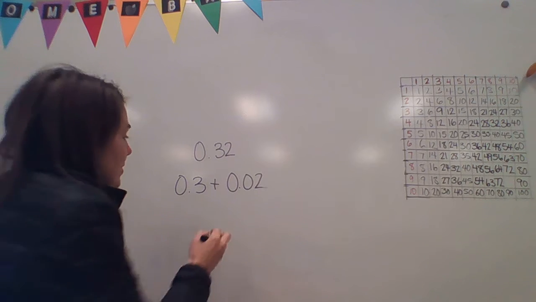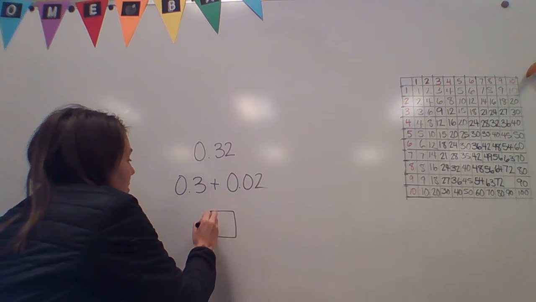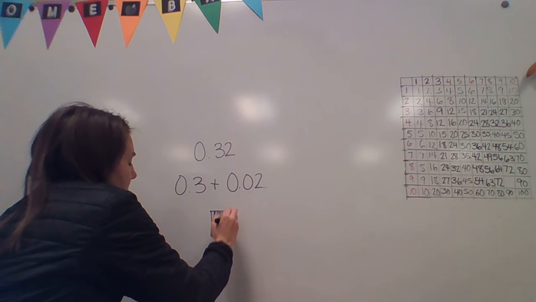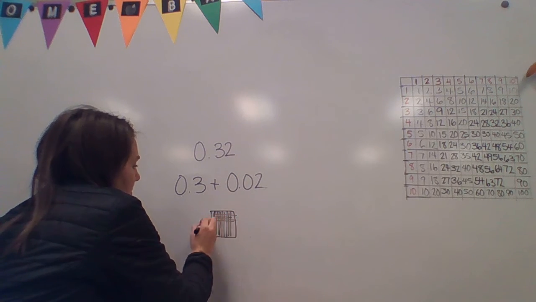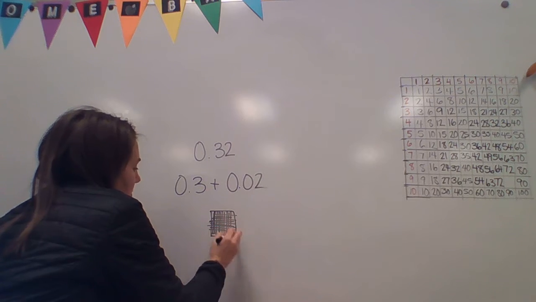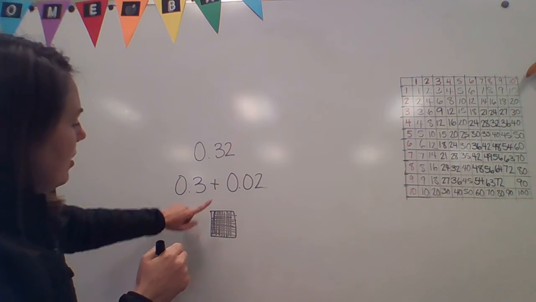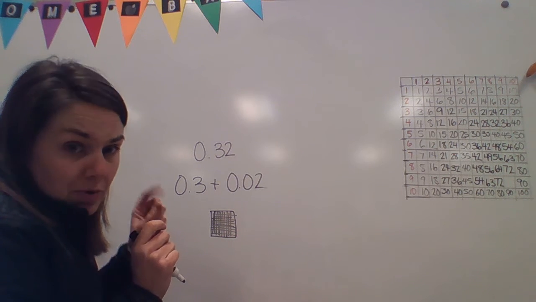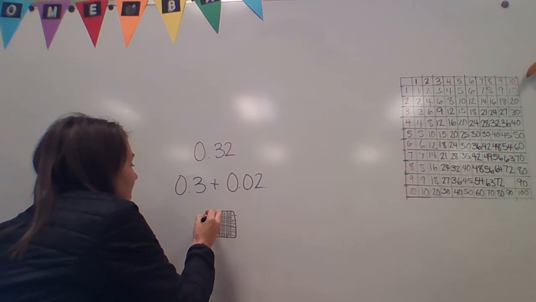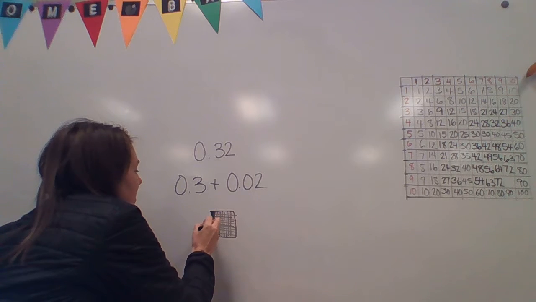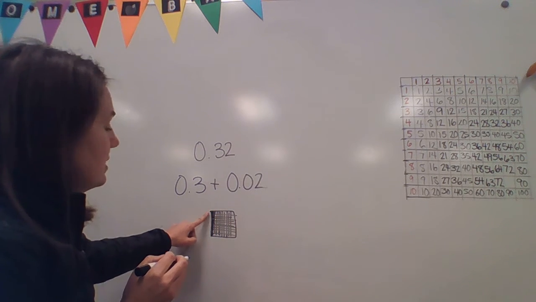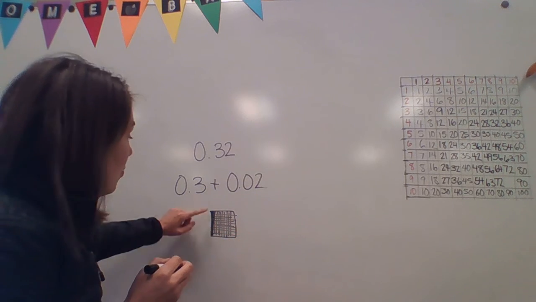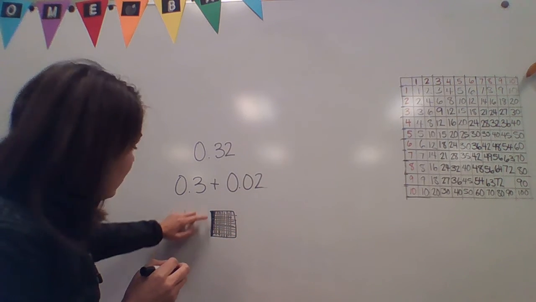So thinking back to that first lesson, we have our 1 broken up into itty bitty teeny tiny pieces. So our 1 unit, if I have 1 row of that, since I've divided it into 10 equal rows, 1 row would be 1/10.